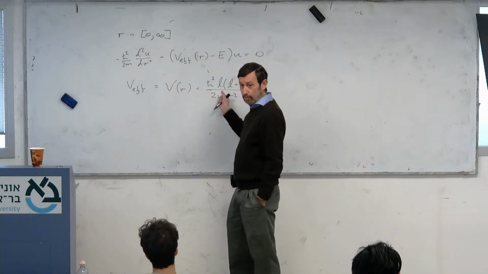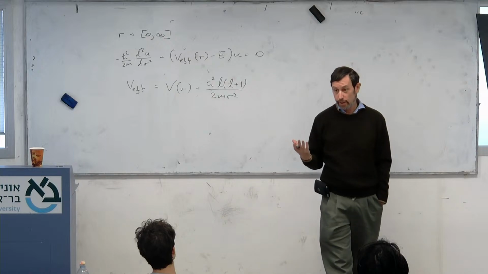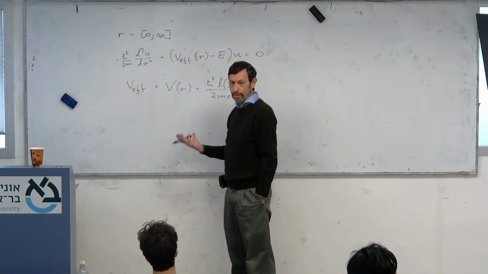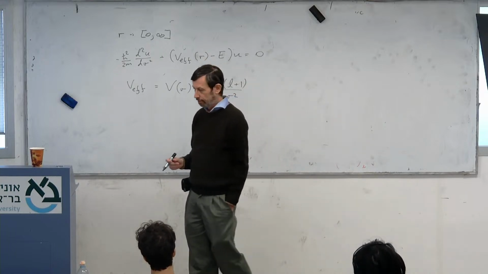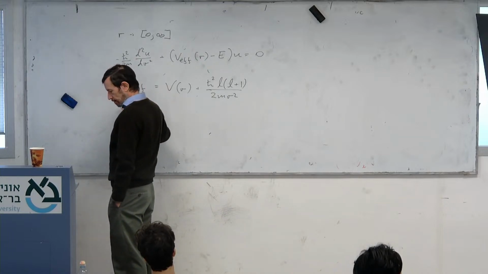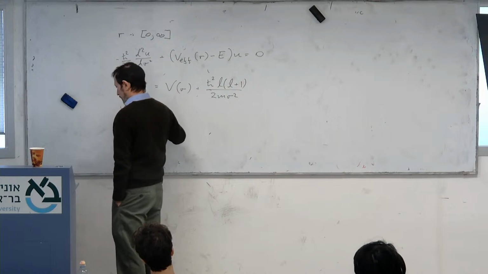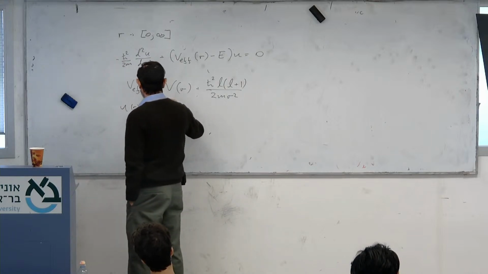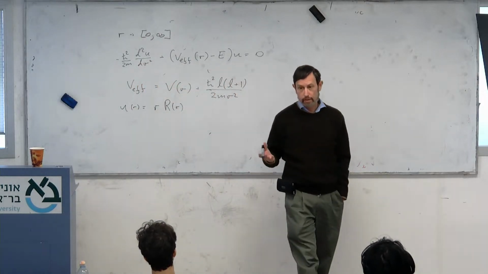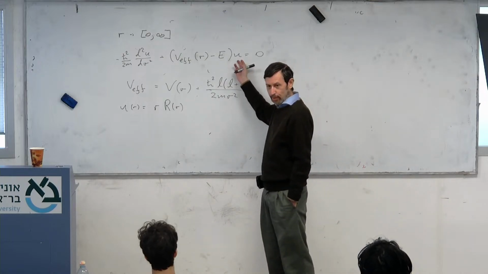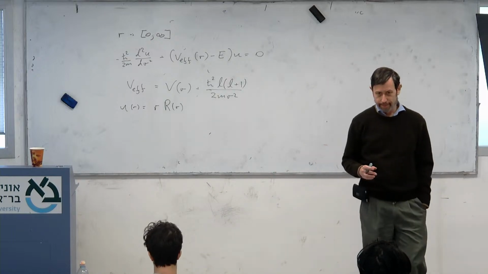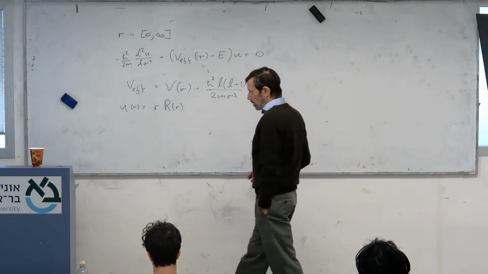The fact that we have angular momentum and angular momentum is conserved counteracts the influence of V. And to remind us, U was the radial part times R. We just use this substitution in order to write it in a simpler way. All of this we did about a month ago. Okay, now we have to solve it.